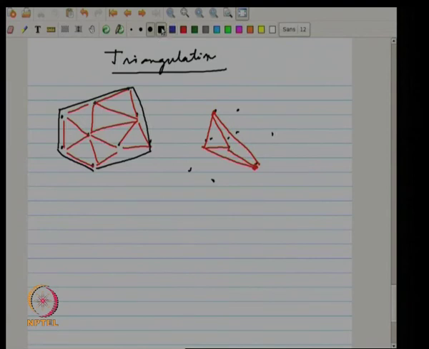Actually, the problem of triangulating a simple polygon is harder. Why? Because we have to also be conscious that we should not cross any edges of the simple polygon. So, it is called a constrained triangulation.